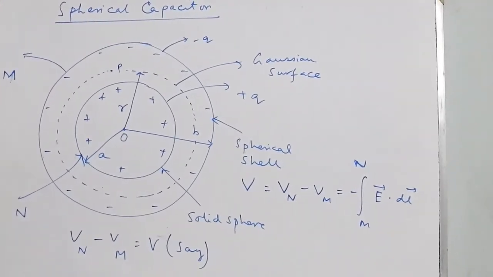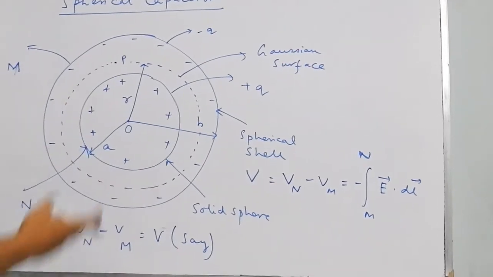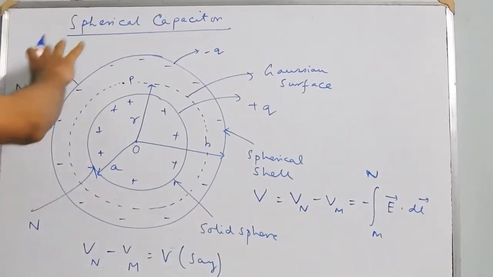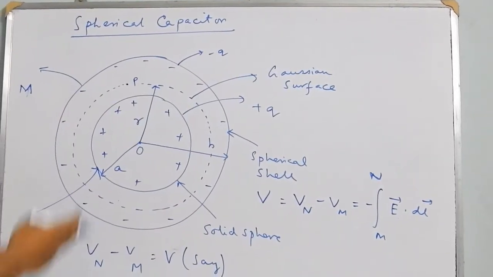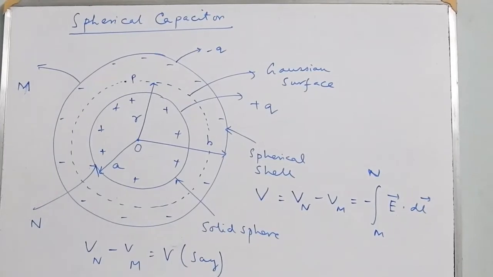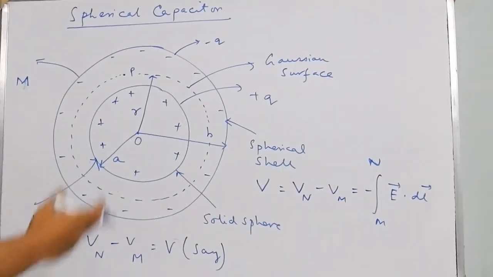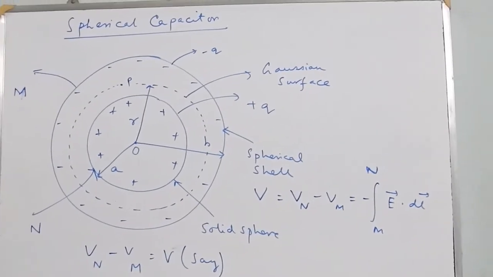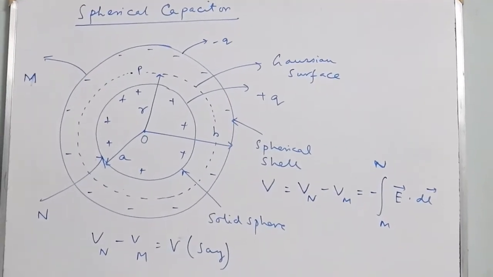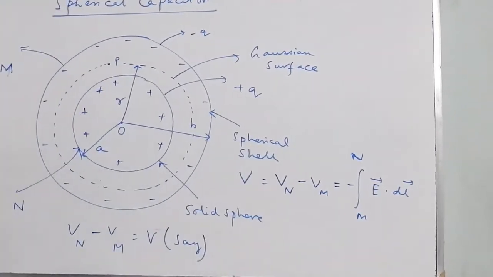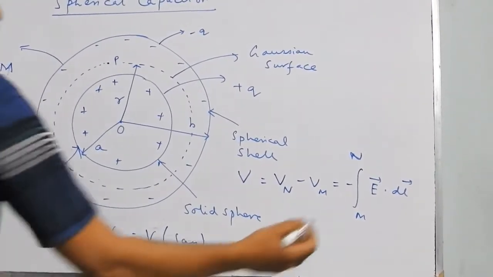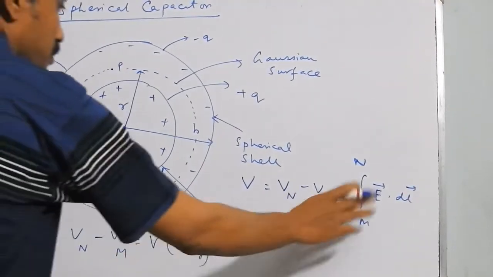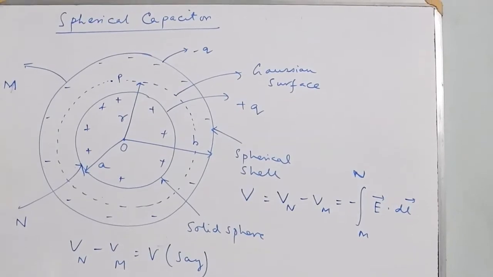Because the inner sphere is positively charged, the electric field lines will emerge out of that sphere, and because the outer spherical shell is negatively charged, the field lines will terminate on that shell. So the electric field lines are radially outward. Therefore, we have to calculate this. First, we have to calculate E vector using Gauss law, and then perform this integration. So let us do so.